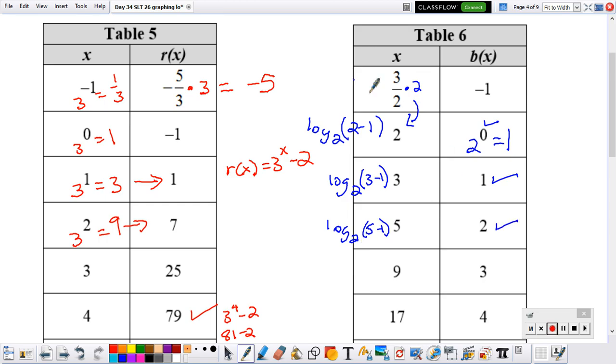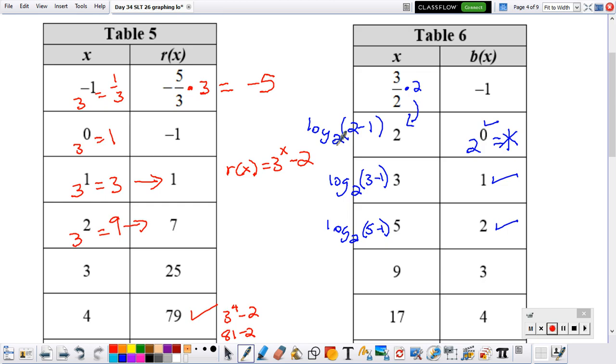So again, what I did is once I realized the multiplication pattern had to be multiplying by 2, I wrote log base 2 and I put my argument here, my 2. But then the problem is log base 2 of 2 wouldn't give me this 0, it would give me a 1. That's not what I want. So I had to think, what would I have to do to my 2 so that log base 2 of whatever would give me 0?